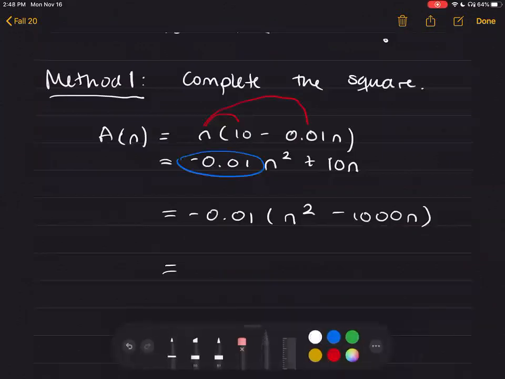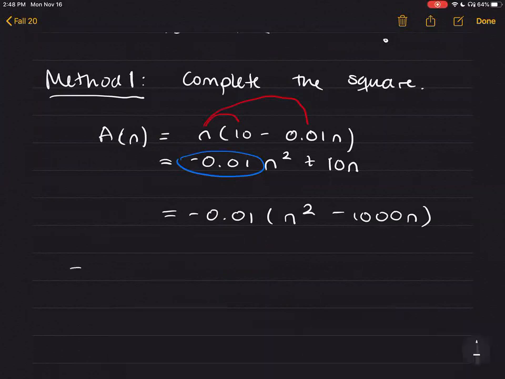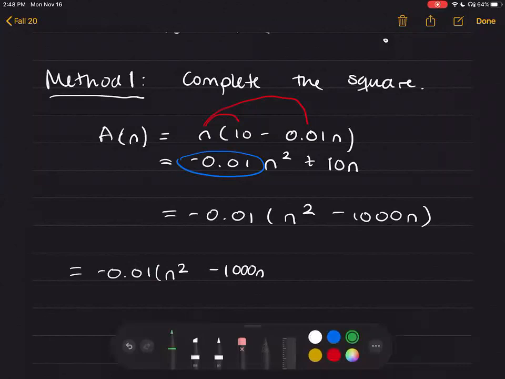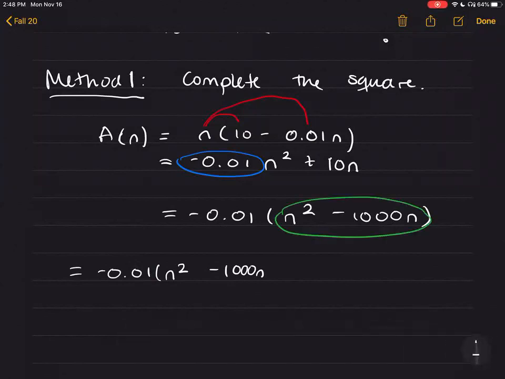I'm actually going to move this over here. So we get minus 1,000 n. And remember, we want to do, with respect to this polynomial right here, negative b over 2 squared.